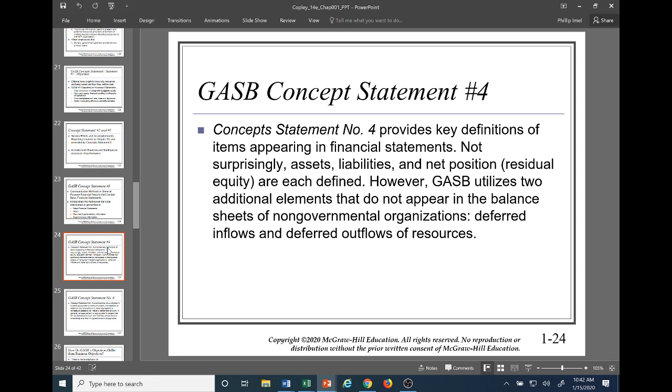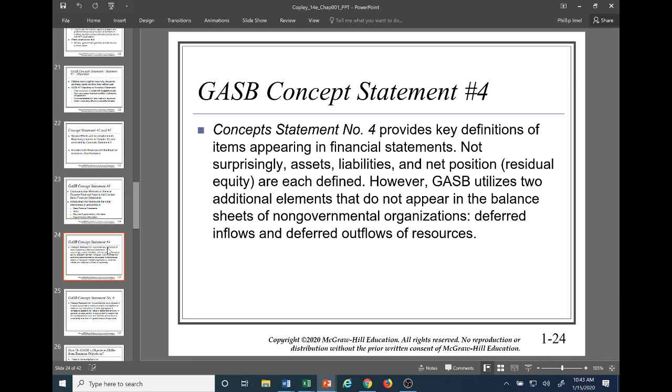A good way to give you an idea of some of the activities and transactions that are recorded in there is that it's very similar to the AOCI, which is the accumulated other comprehensive income, in your traditional for-profit businesses.